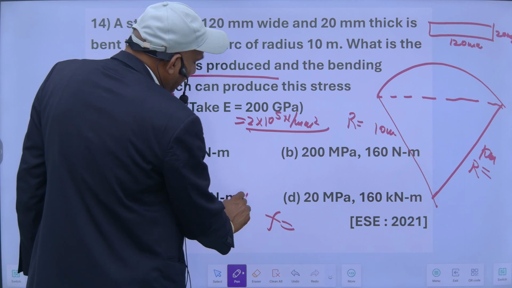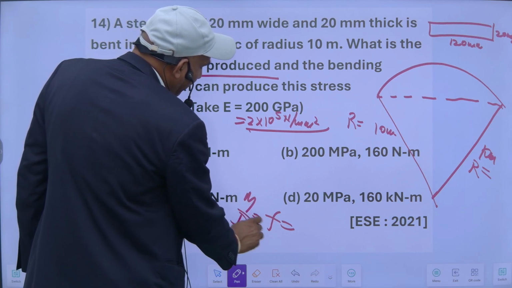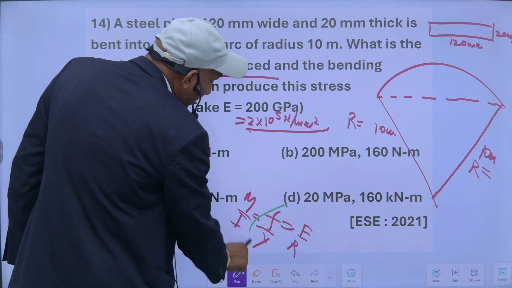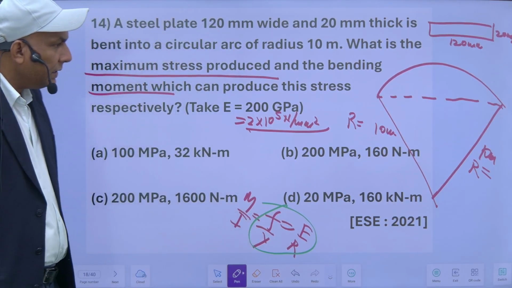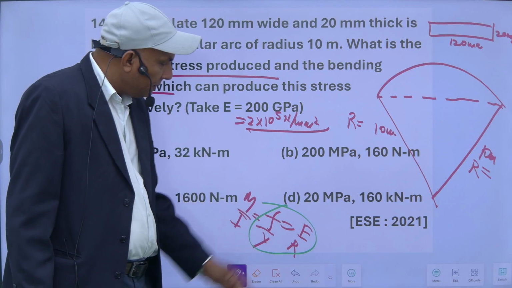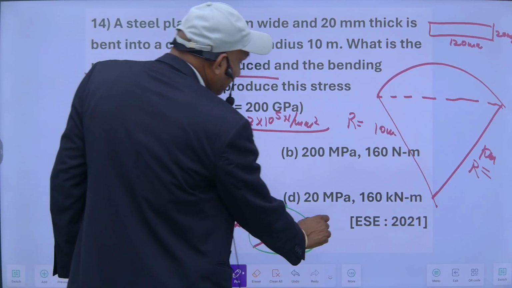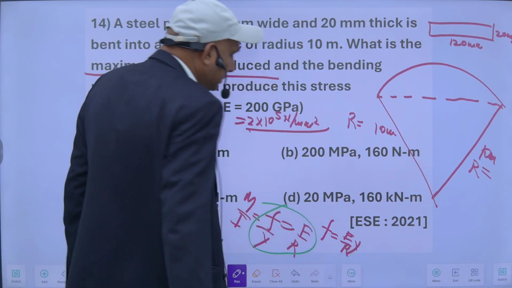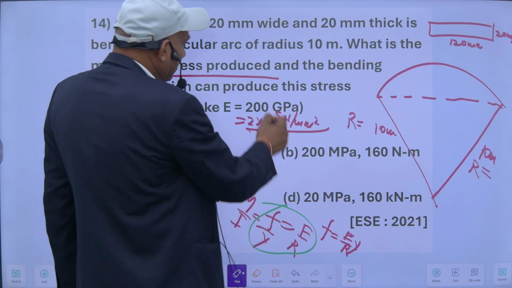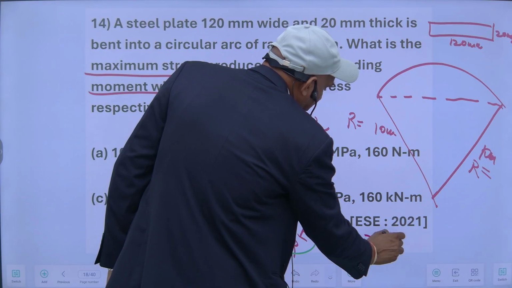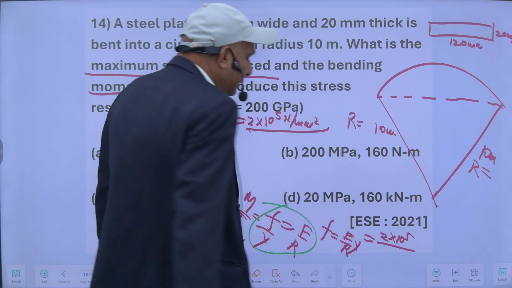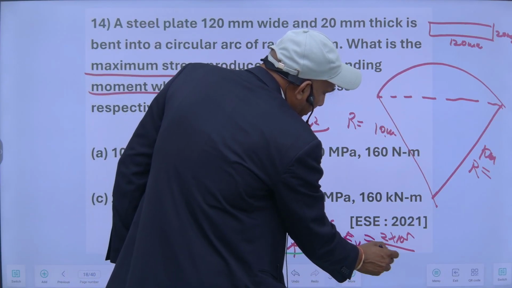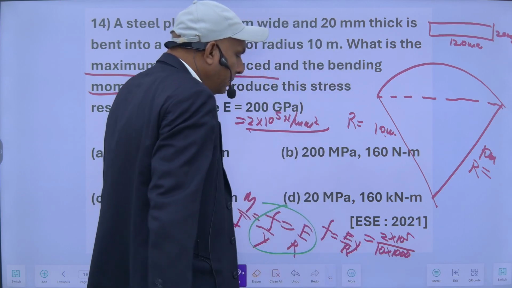M upon I is equal to F upon Y is equal to E upon R. With this equation F upon Y is equal to E upon R, I can find F. So F will be equal to E upon R into Y, which is 2 into 10 to the power 5 divided by R. R is 10 meter into 1000, in mm, into Y.